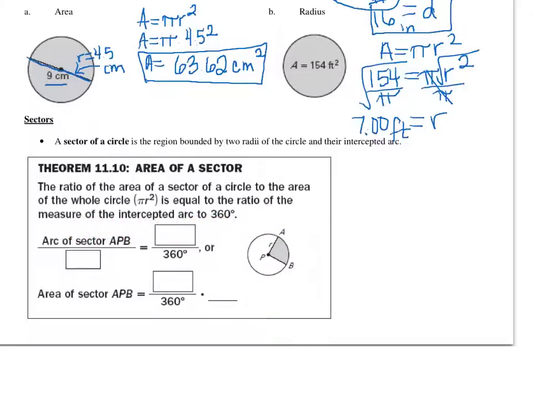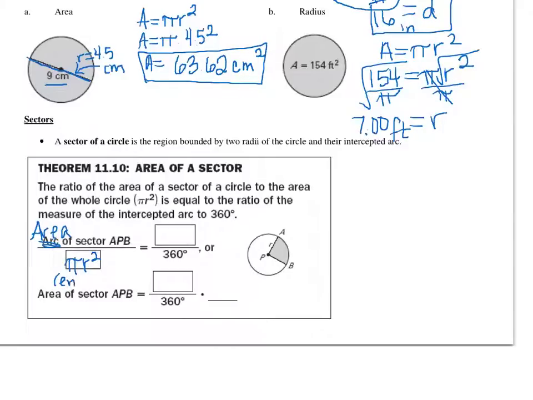So this is similar to what we did in the last lesson, where we said the arc length out of the whole circumference is similar to the arc measure out of 360. So we can say the area of sector APB, and it shouldn't say arc here, that should say area of sector APB over pi r squared.